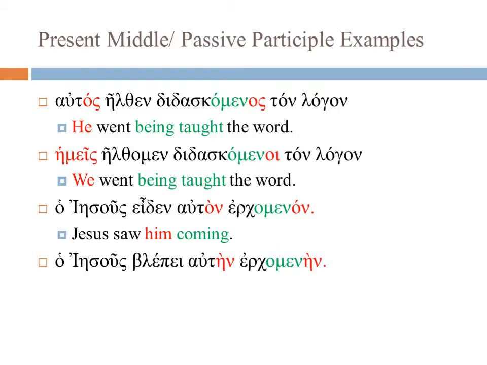Ha-Jesus blepe autein echamenein. This is basically the same sentence. It's in the present. Jesus is watching her, autein, coming. And we know that from the ending. So look at the difference from the one before. We had auton, erchamenon, him coming.